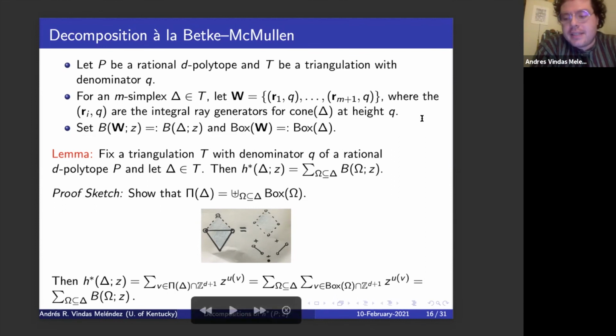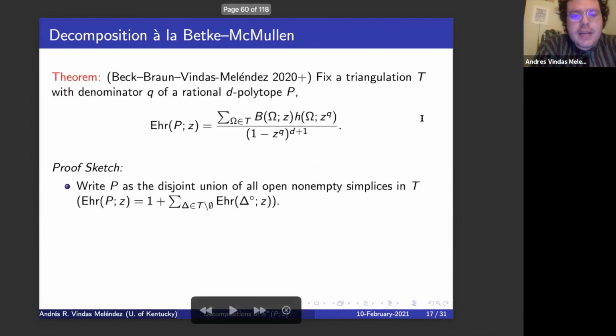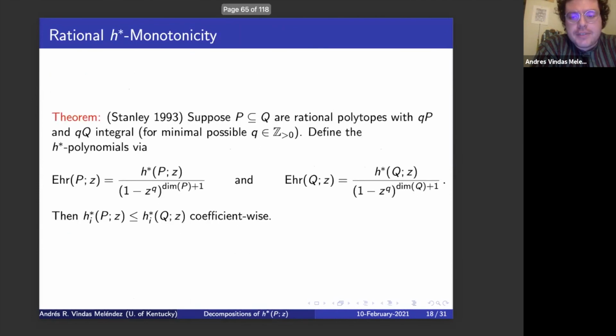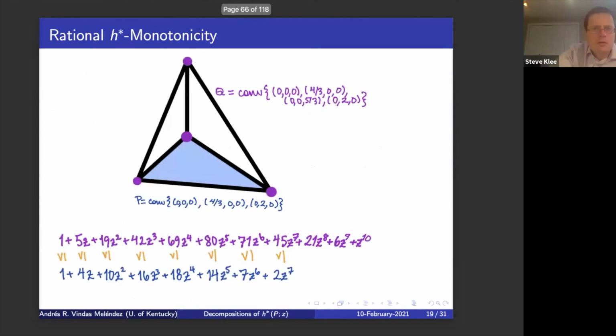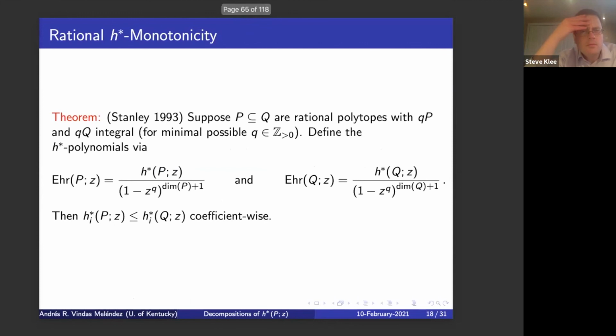I think this next lemma that I will show might answer your question, and then maybe you can tell me if what you were thinking is right. Now, that Betke McMullen decomposition was not too difficult to do.